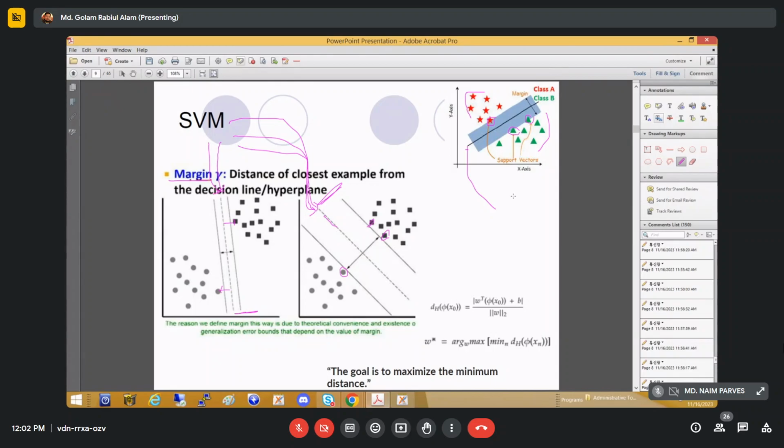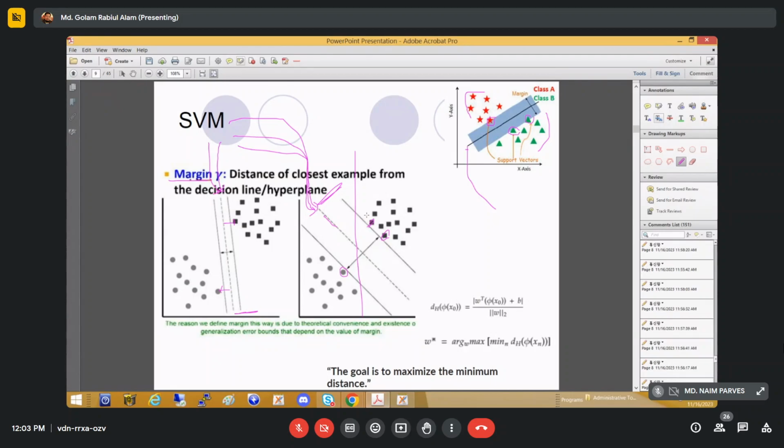In another way, at first we have to measure the distance from each and every point to the hyperplane. If we consider drawing the hyperplane a different way, like this, then from this hyperplane we have to measure the distances to all other points, and find which one is closer to the hyperplane.